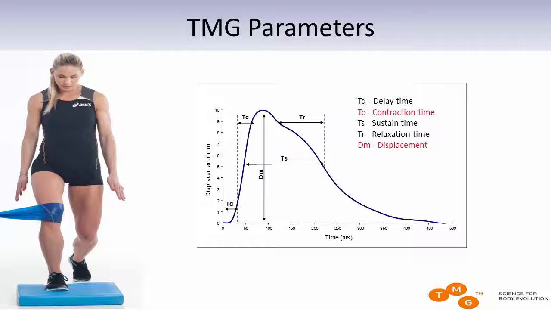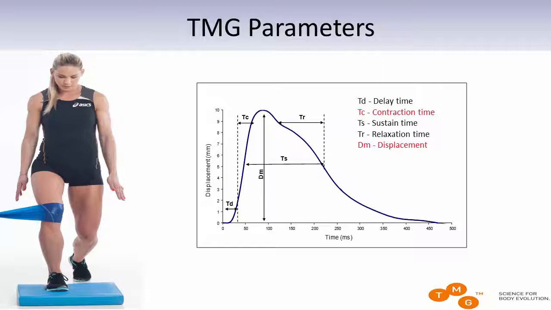TC, contraction time, the next parameter, on the other hand, is the most important parameter monitored by the TMG. It tells you how long the muscle needs to get from completely relaxed to completely or maximally contracted position. And this is the parameter that I was already mentioning.